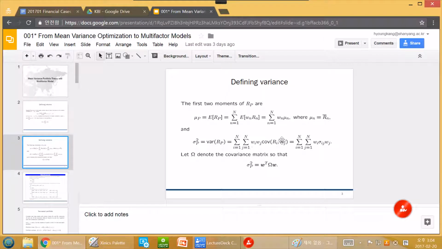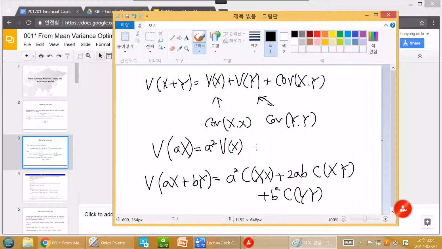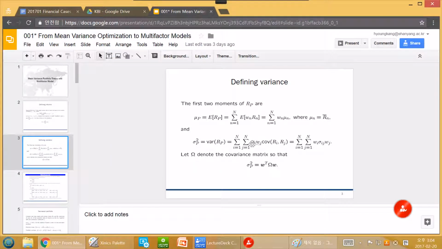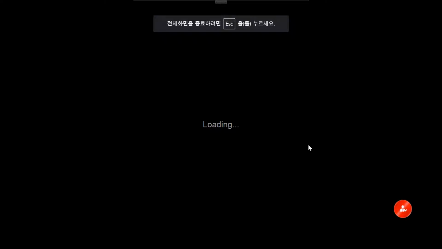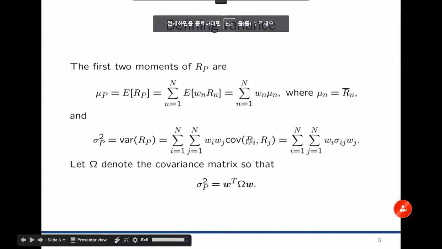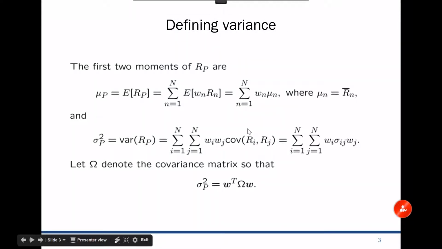We missed that: instead of a squared, it is a multiplied by b, this is b multiplied by b. Okay, so that's why we have wi, wj like this one. And then if we denote covariance of Ri, Rj as simply sigma ij, right? Then this one is compactly this one.